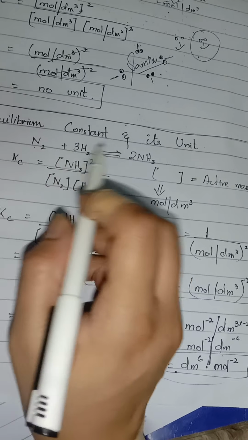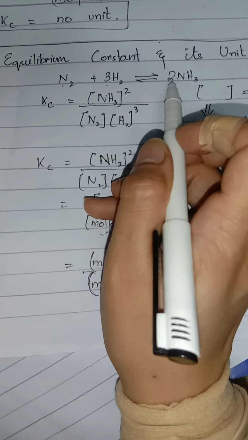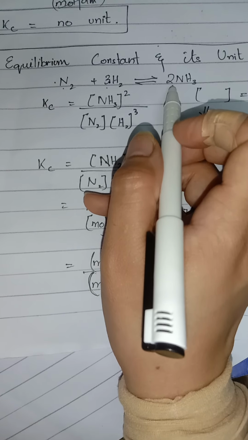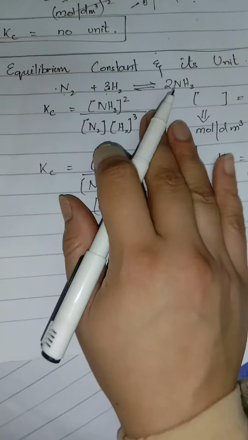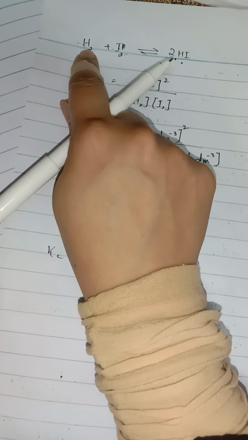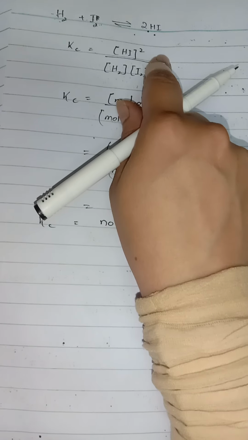Whereas in this equation, the total number of moles of the reactants and the products were different. Here 1 plus 3 is equal to 4 and it is only 2. So we can say that the equilibrium constant expression would have units if the total number of moles of the reactants and the products are different. But the Kc expression would have no units if the total number of moles of the reactants and the products are equal. Is it clear?